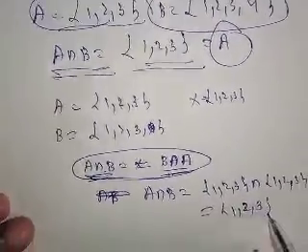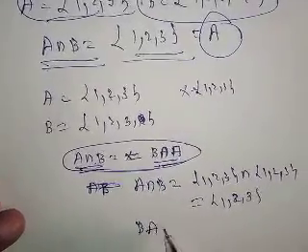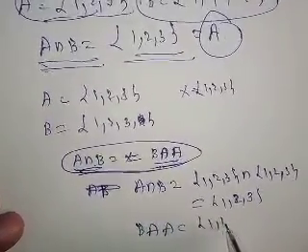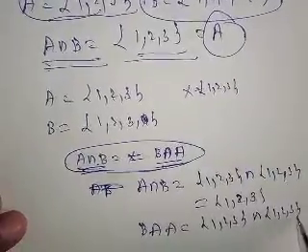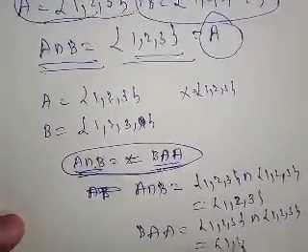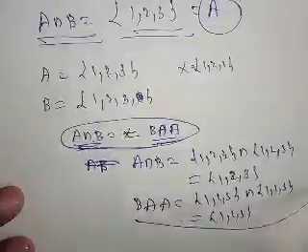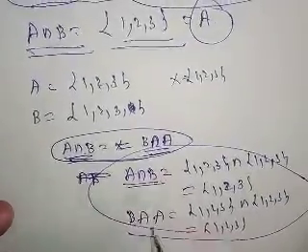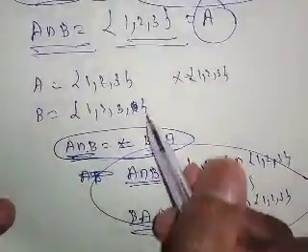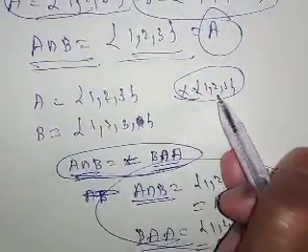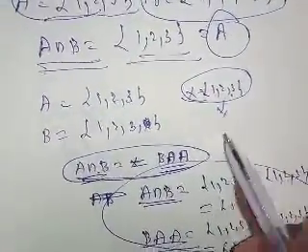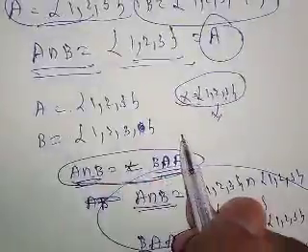And if I take B intersection A, what do I get? {1, 2, 3} intersection {1, 2, 3}. So it should be the same as {1, 2, 3}. This can only be possible when A and B are equal. They will have the same, equal to the identity element X. This can only be possible when A, B and X are equal.